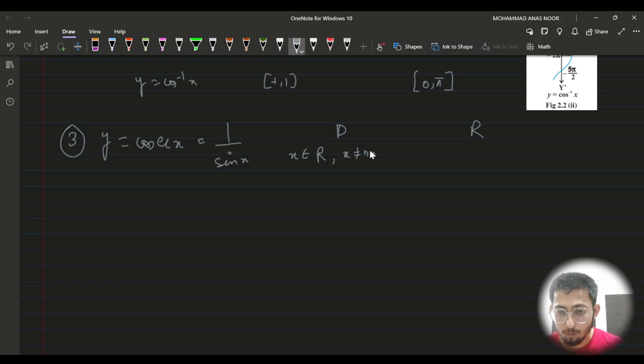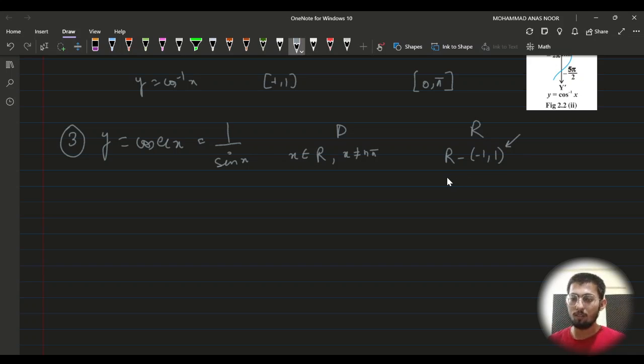This is how we should write it. What is the range? Range will be real numbers minus the interval from minus 1 to 1. Everything that was covered in the sine will not be there in the cosec.